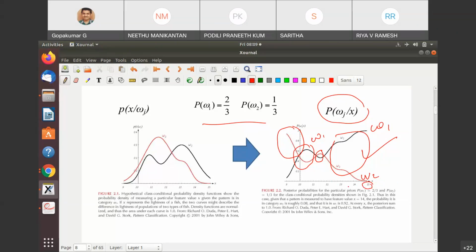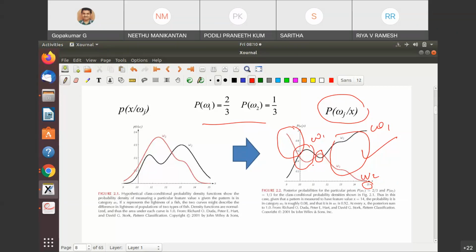So for different ranges of the x value, or the feature value considered here, we have regions where we predict w1, and in some other regions we predict w2. So that is one point we have to look into in this plot.